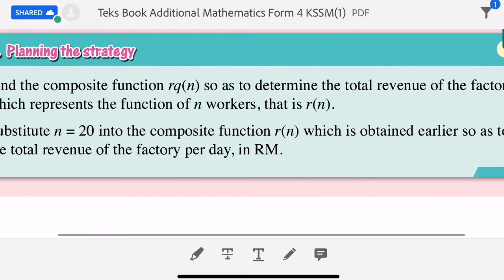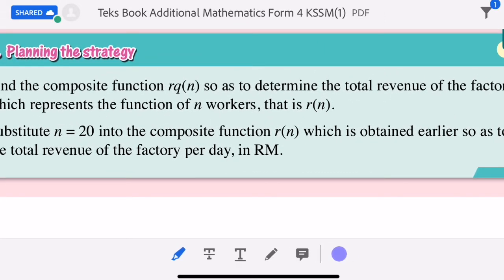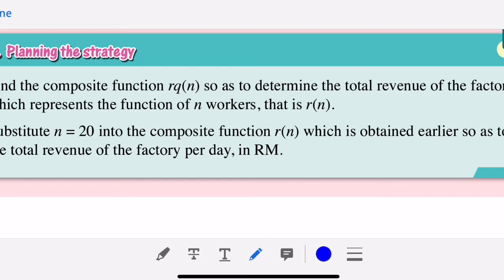After you understand the question, you jot down the important points to show you understand. Then you plan the strategy, P. The strategy is to find the composite function RQ(n).